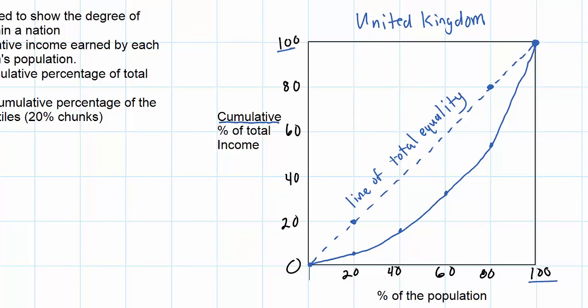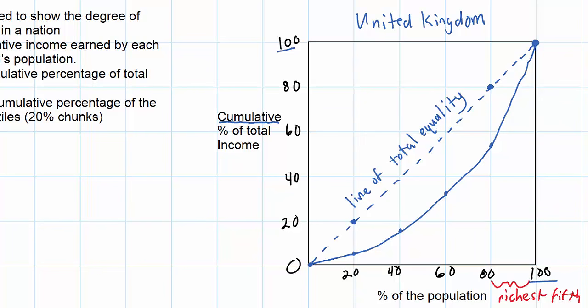Now, what if I had just been given this graph without having gone and found the data myself? How could I interpret it to determine how much each quintile of the British population earns? It's really quite simple. If I want to say how much the richest fifth of British households earned, this area here represents the richest fifth.